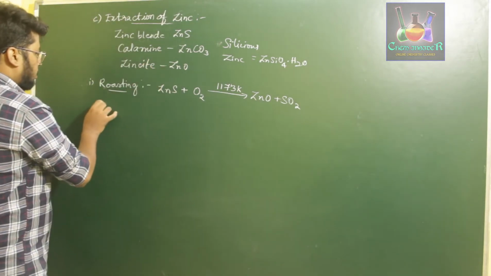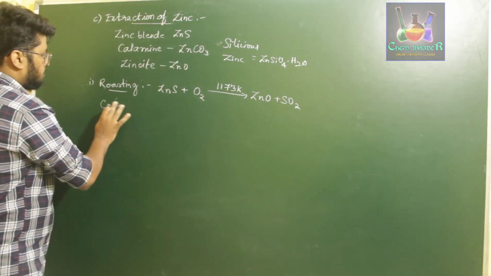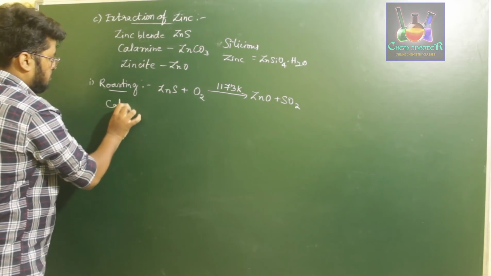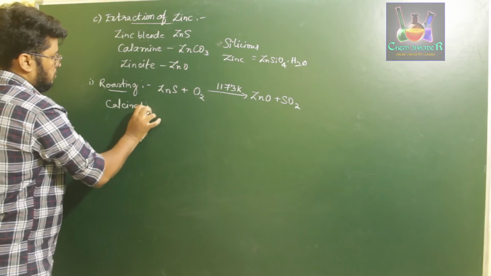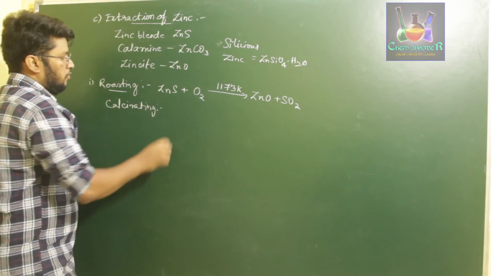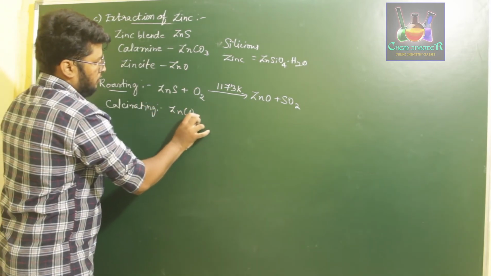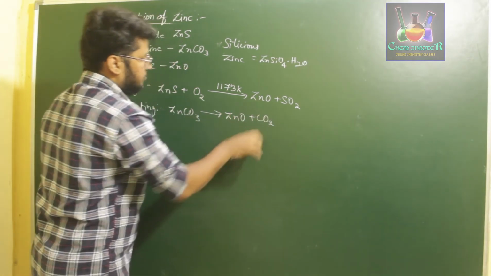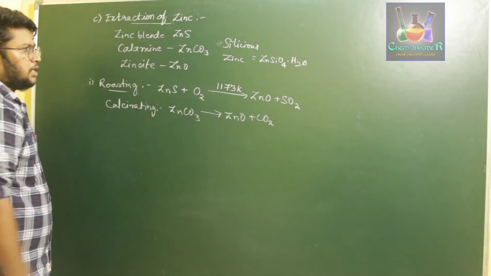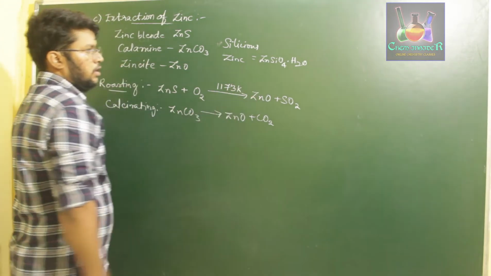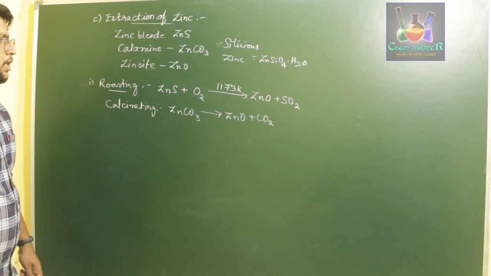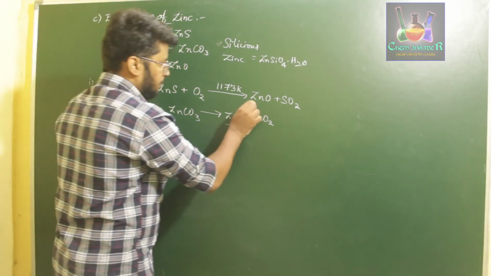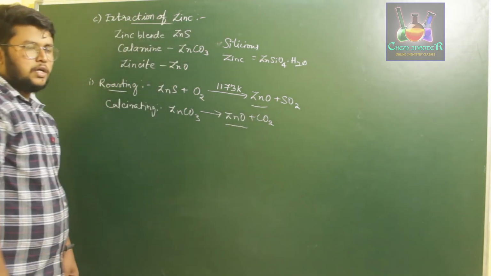Whereas for zinc carbonate, we need to calcinate it. In calcination, zinc carbonate gets converted to zinc oxide and carbon dioxide. And we have ZnO from zinc, right? And the ZnSiO4 can be removed by using other silicate impurities. Okay, so now we have our metal oxide of zinc.